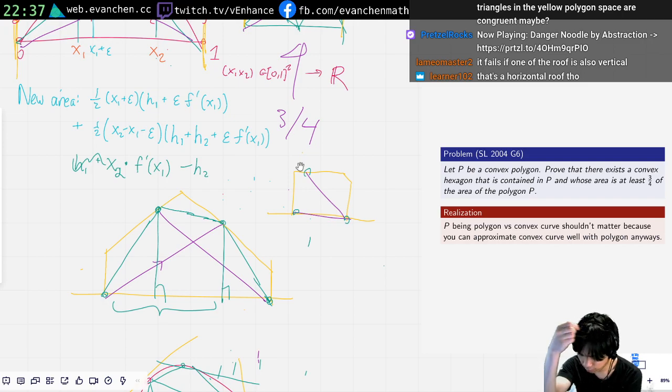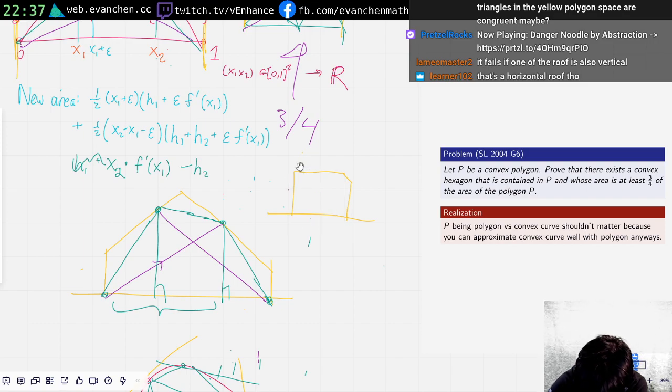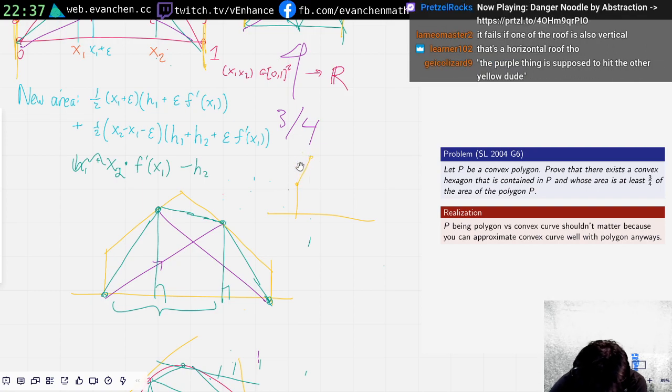No, no, no. The purple thing is supposed to hit the other yellow one. Wait, this doesn't make sense. That picture doesn't make sense. It's supposed to hit the other. Okay. Well, sorry, I just messed up in two different ways. So the claim is if one of the roofs is very near vertical, it will also fail.